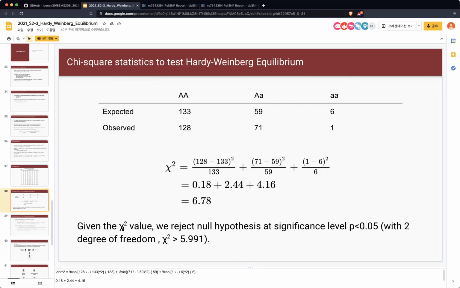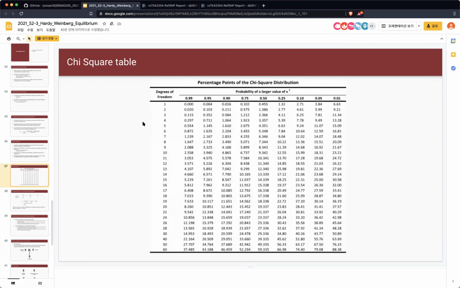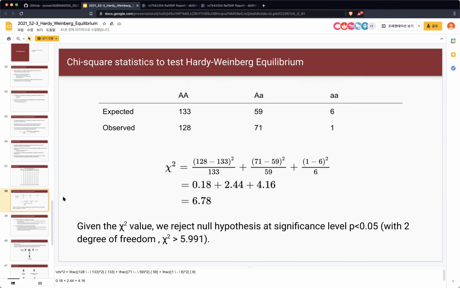So given that chi-square statistic value, you can go back to the table, and you see that the degree of freedom is 2, and the value is something between 5.99 and 9.21, because yours is 6 point something. Then you can say that your probability of significance is around here, right? Nowadays we can use computation to calculate that number.